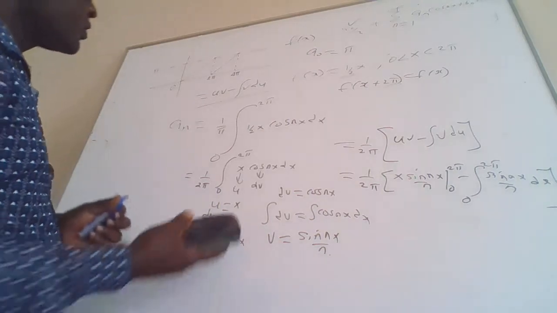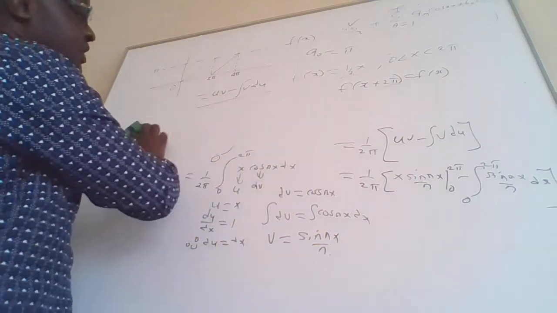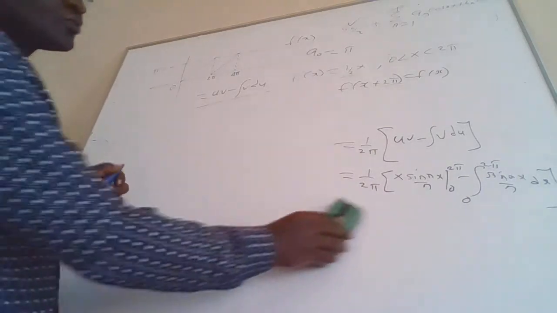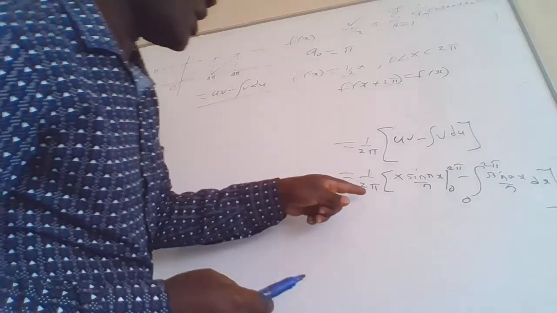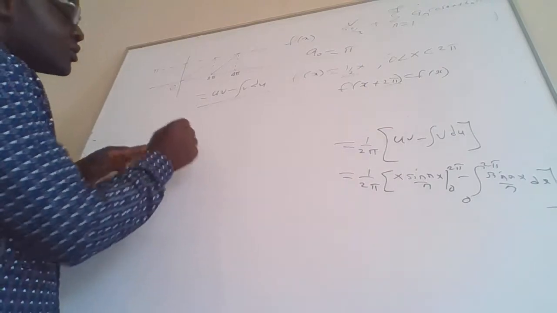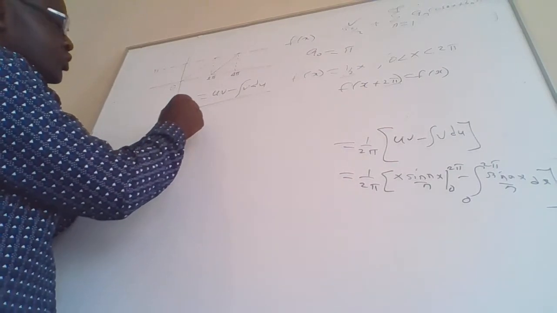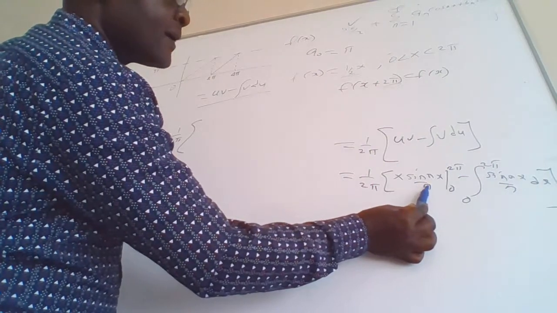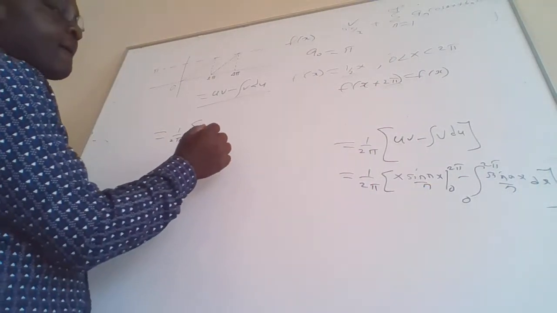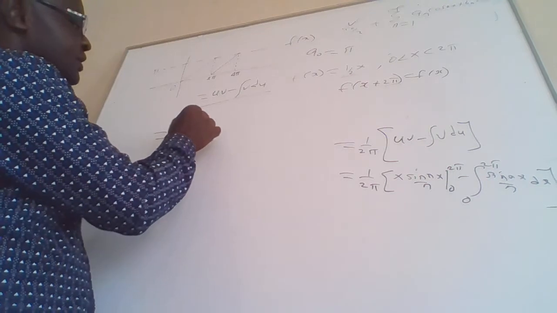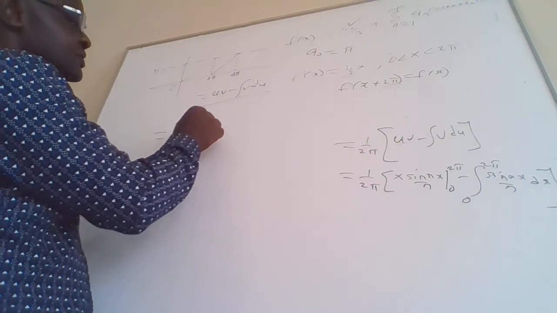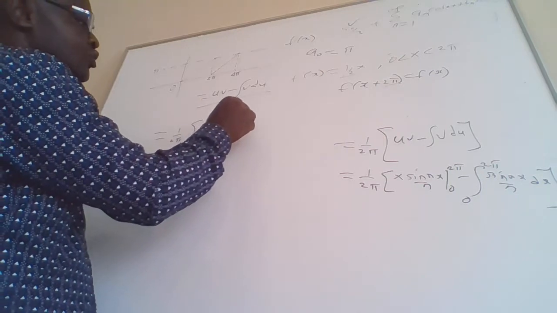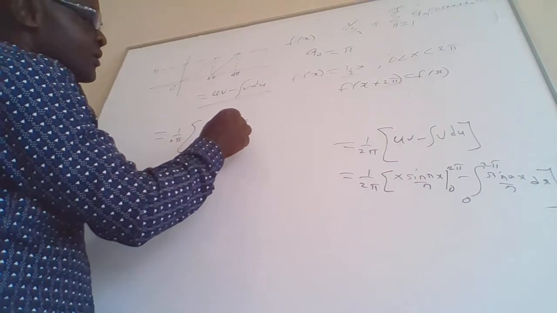Okay, so let me wrap here. So we have this equals 1 over 2 pi. So this is x over n sin nx from 0 to 2 pi, minus.